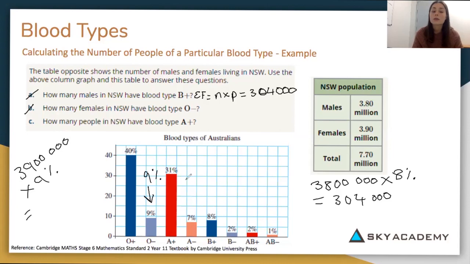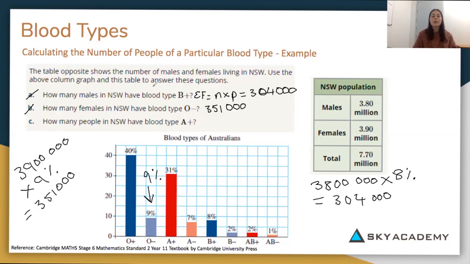If we put that into the calculator, we should get an answer of 351,000. We're just using the same formula as we did for question A, but we're changing the variables or data points.